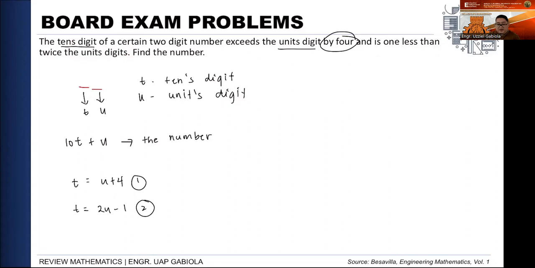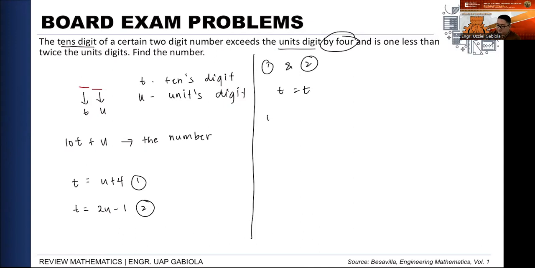So to get the required number, we need to find the value of t and u using pwedeng substitution or elimination method. Pwede ko substitution na lang, using equation 1 and equation 2. Pag 1 and 2 gagamitin natin, pwede natin i-equate si t is equals to t.